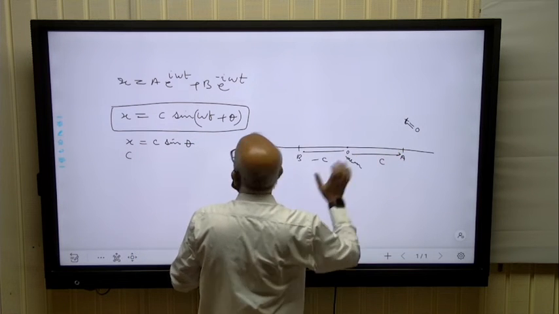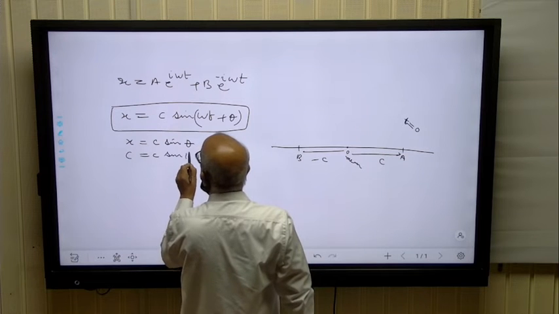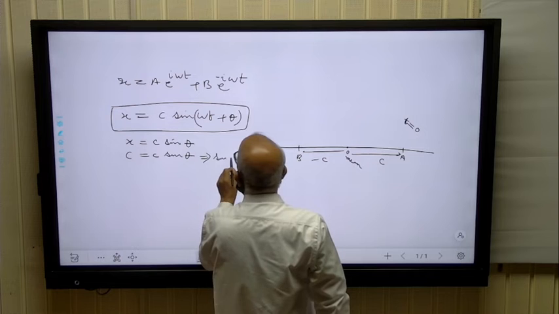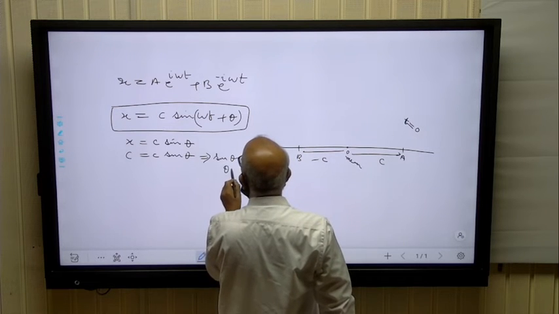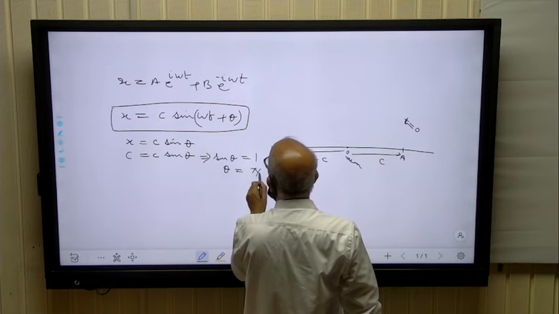Therefore, C is equal to C sin theta. This implies sin theta is equal to 1, naturally theta is equal to pi by 2.